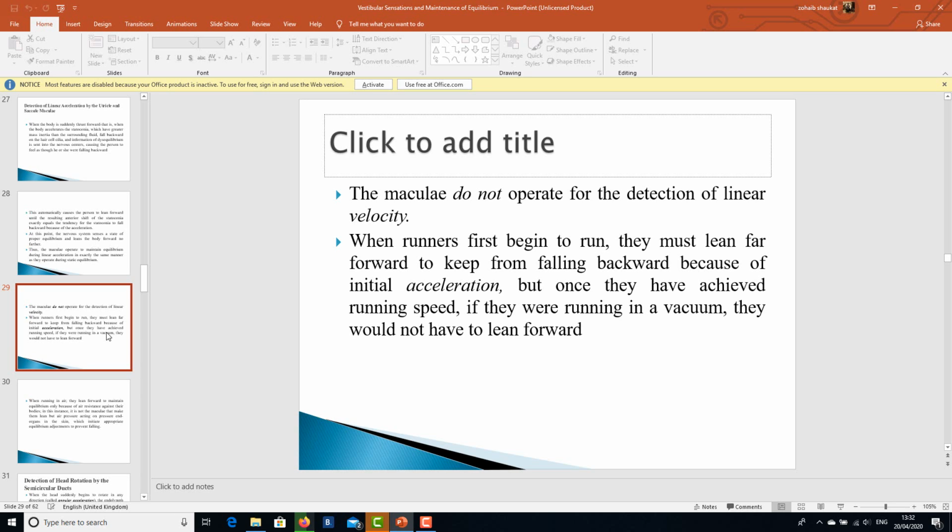When runners first begin to run, they must lean far forward to keep from falling backward because of the initial acceleration. But once they have achieved running speed, if they were running in a vacuum, they would not have to lean forward.